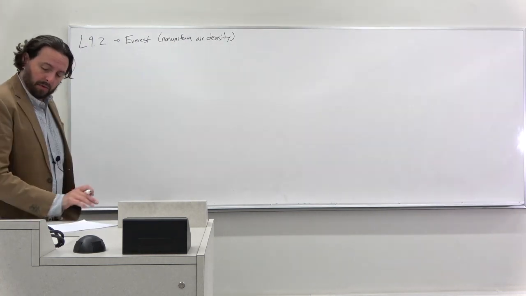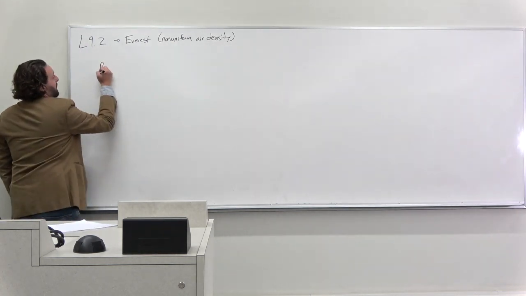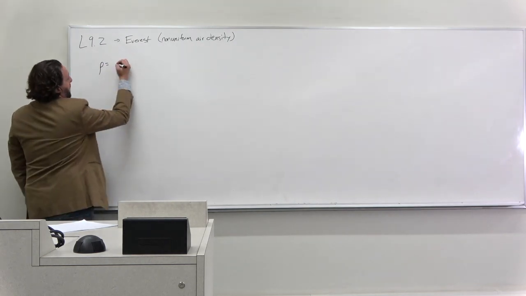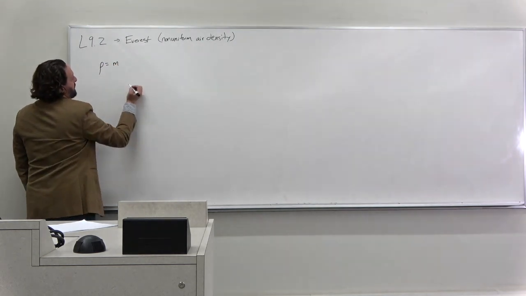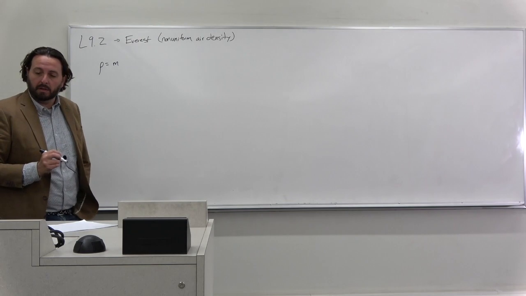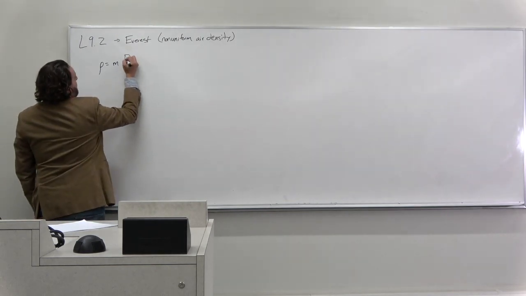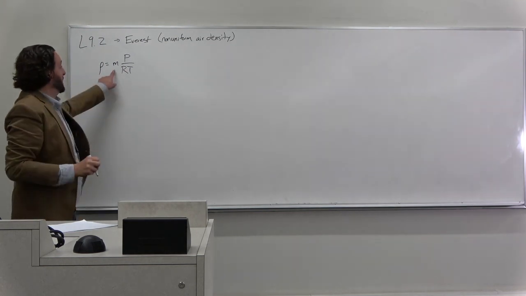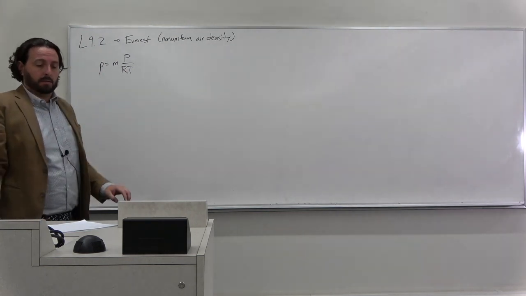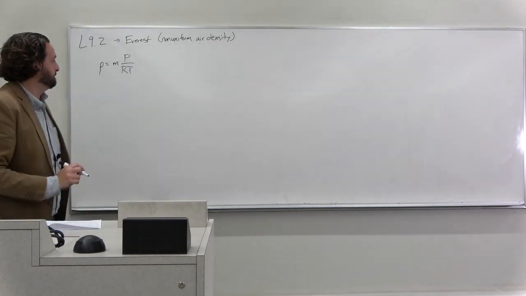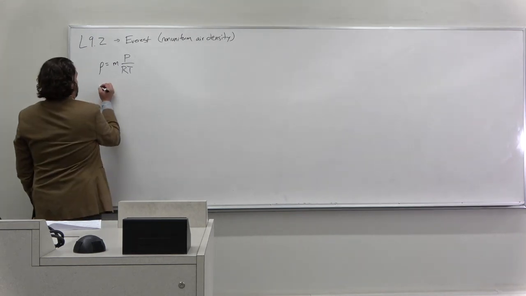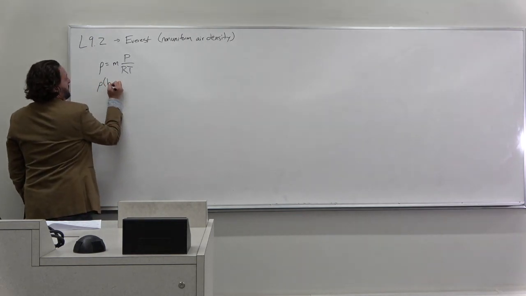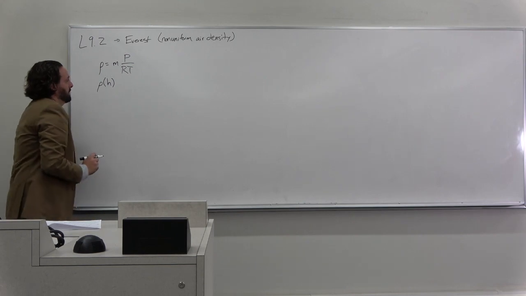Well, last time we wrote that the air density we could think of as little m times P over RT, where m was our molar mass. Now what we mean is that the density depends on the altitude.